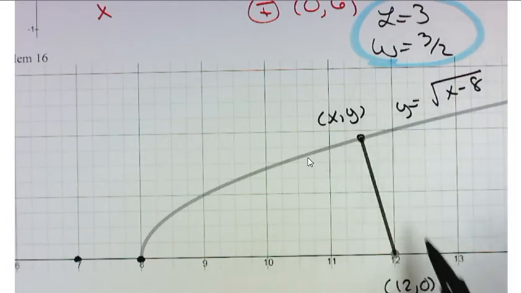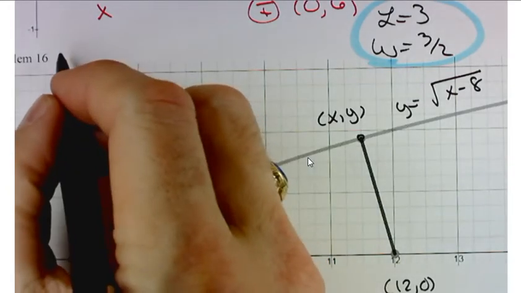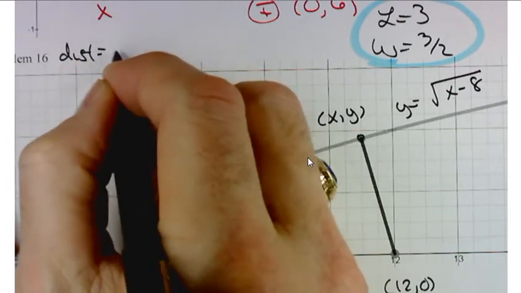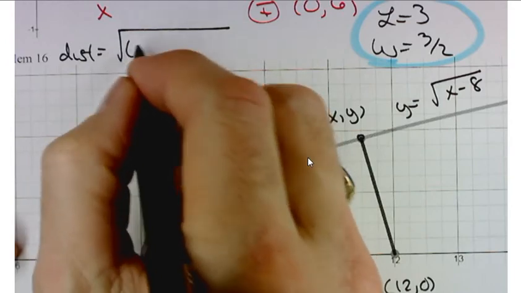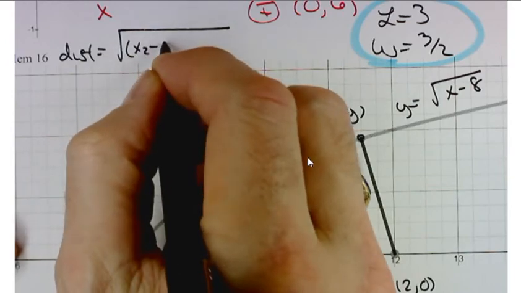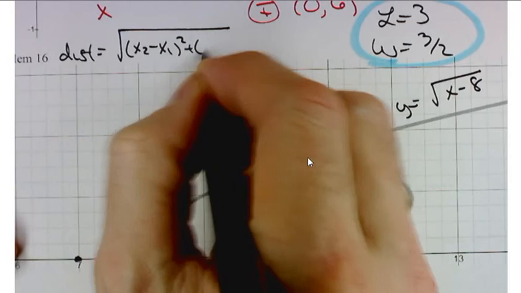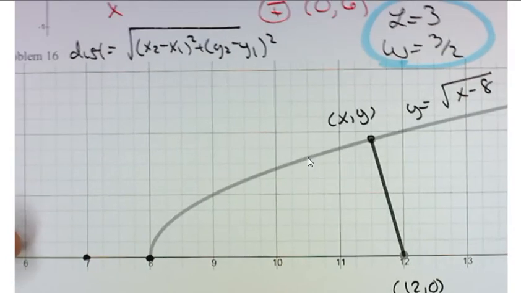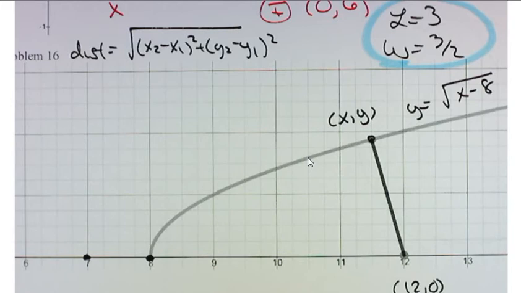So, I want to minimize this distance here. Let me take you way back to your algebra classes. What's the distance between 2 points? What's that formula? Square root of x2 minus x1 squared plus y2 minus y1 squared. All right, so that's what we need to minimize, that distance.